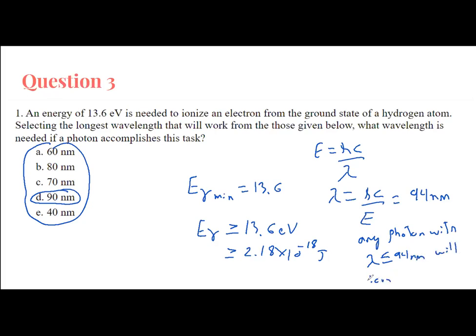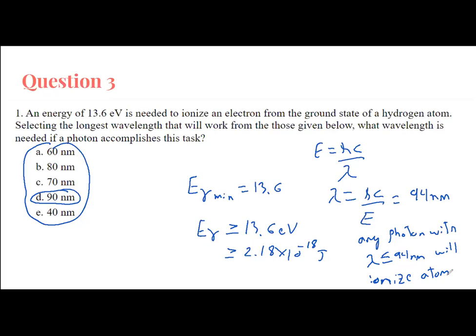Could you re-explain how you got the longest wavelength possible? Because it looks like you only got the shortest wavelength. Right. So the idea is that if I'm a hydrogen atom in the ground state, for the electron to be ionized, to be freed from the atom, the hydrogen needs to absorb at least 13.6 electron volts of energy. Do you agree?